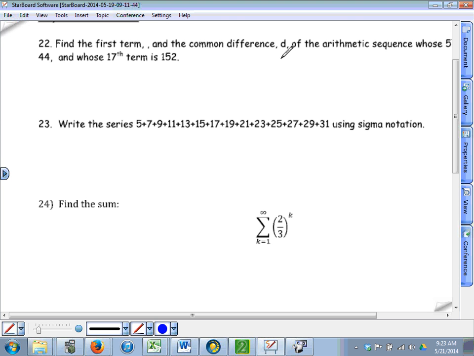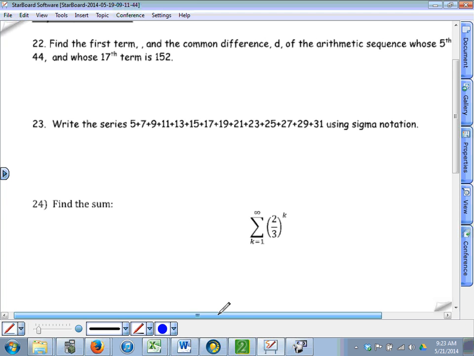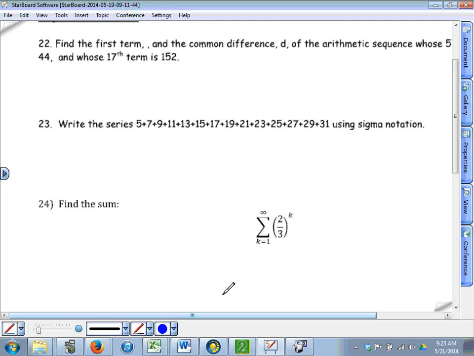So, find the first term and common difference of the arithmetic sequence whose fifth term is 44, the seventh. Ooh, we did problems like this. Yeah, there's some formulas you need to know. Okay, you guys.